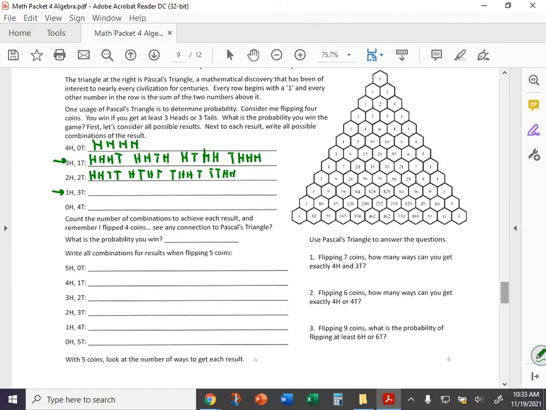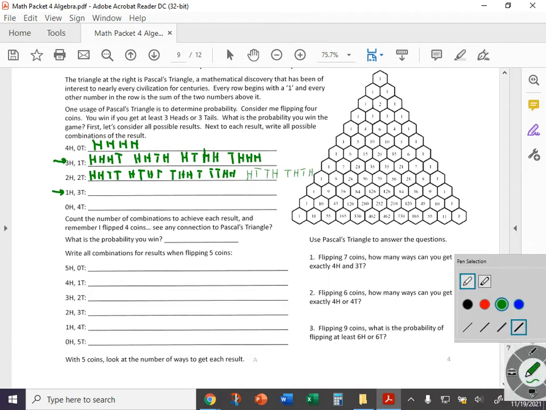I'm missing two of them here. Head, tail, tail, head. I haven't had that one on here. And what's the last one? I lost track of my logical order here. Tail, head, tail, head. There we go.